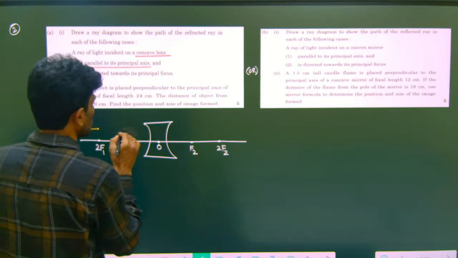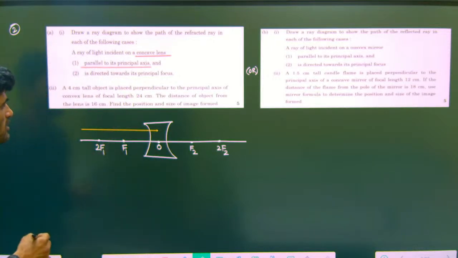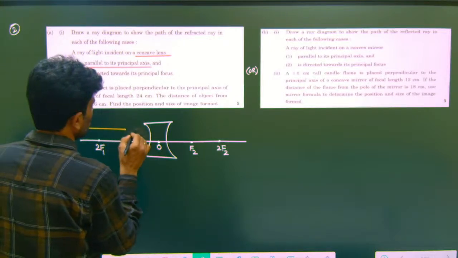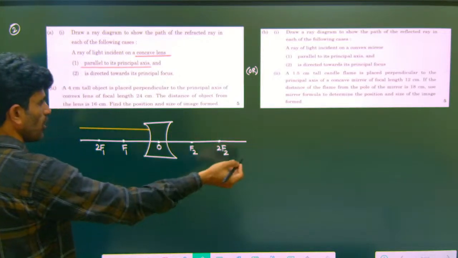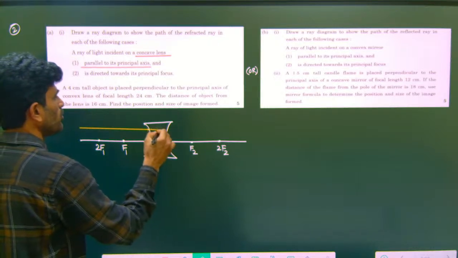This is what? Incident ray. Then after that, because it is parallel to principal axis, it is a diverging one, so it will not go up. What happens? It will be diverged like this.